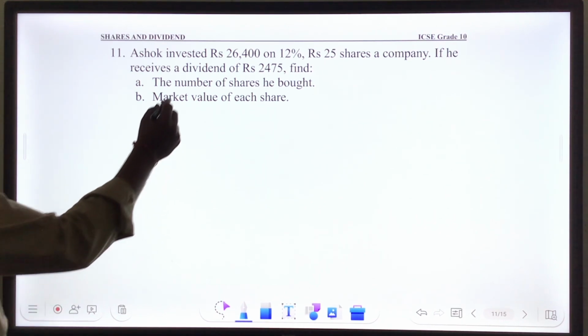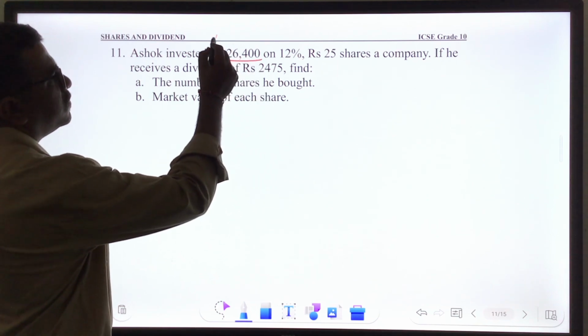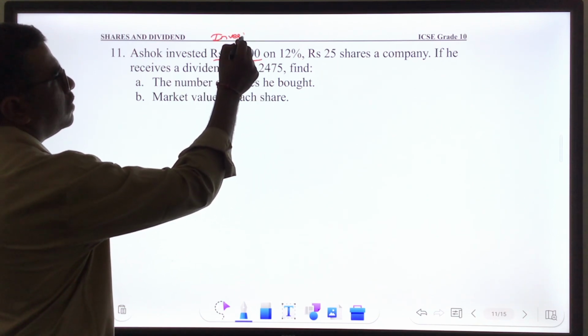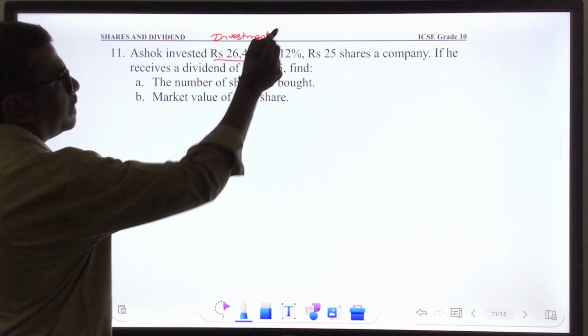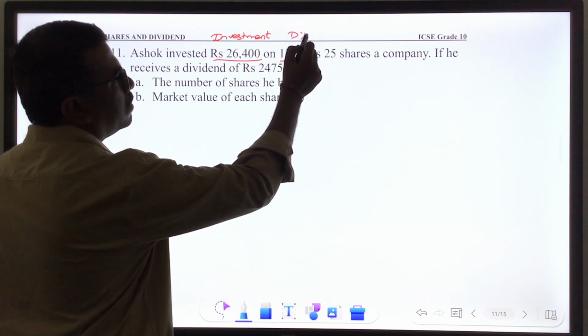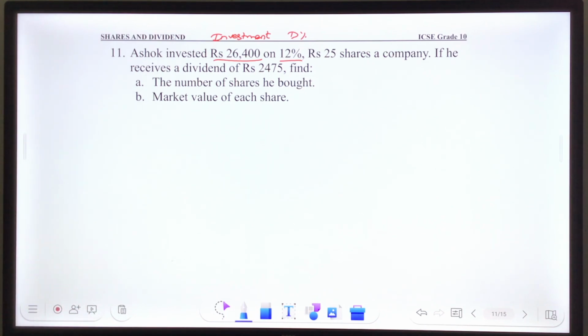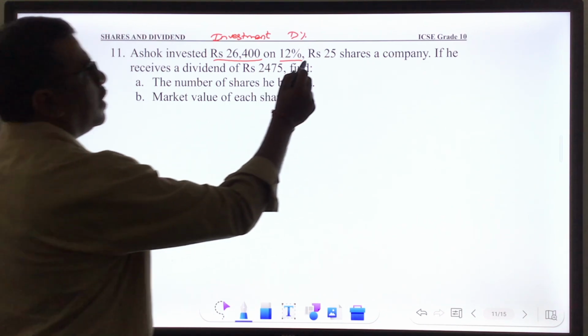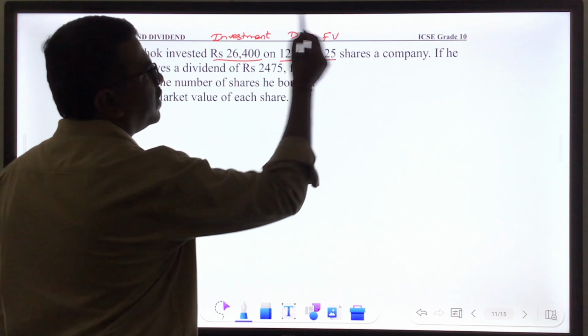So here rupees 26,400 is his total investment and the company is paying 12% dividend. So the rate of dividend is 12% and 25 is the face value.